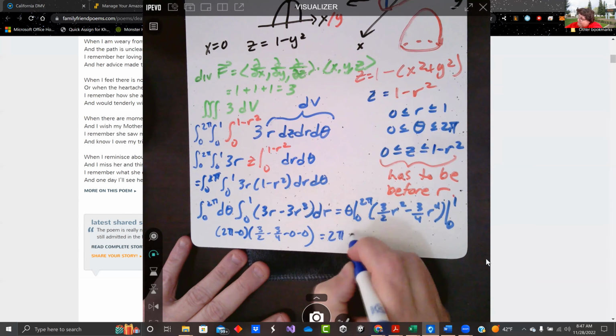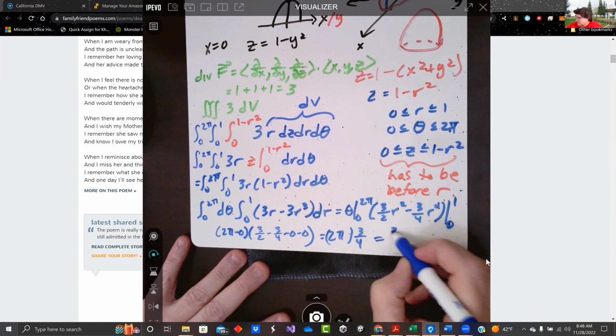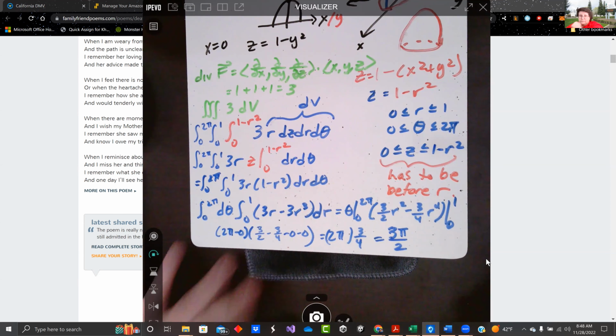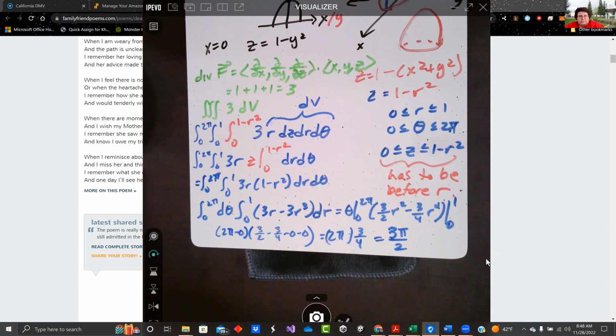So 2 pi times 3/4 is 3 pi over 2. No variables in the answer. Looks good.